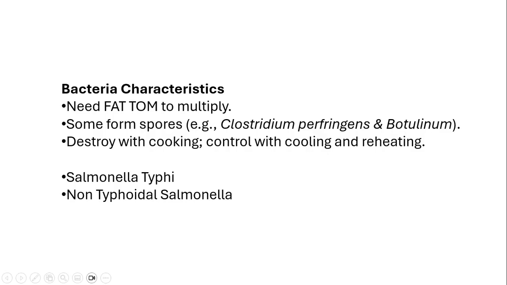So some bacteria form spores. A spore is basically where they take their DNA and their RNA and they maintain that to stop that from cooking, if I'm cooking food, or to stop them from freezing to death, or anything like that. They will form a spore around their molecular structure, so that way they're safe.